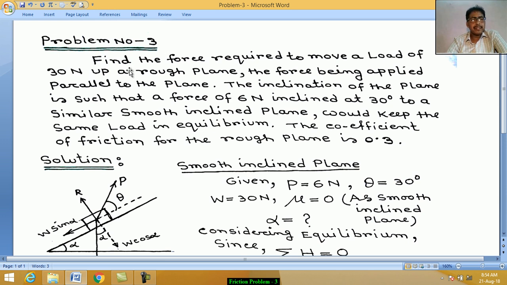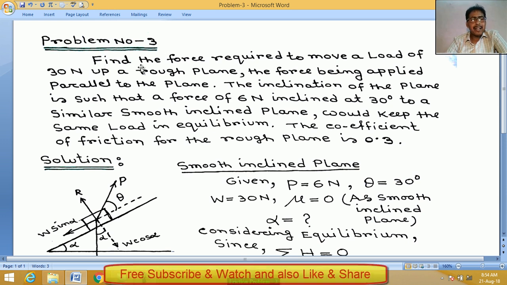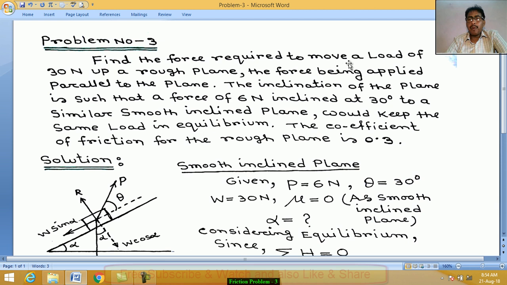Problem number 3. Find the force required to move a load of 30 Newton up a plane, the force being applied parallel to the plane.